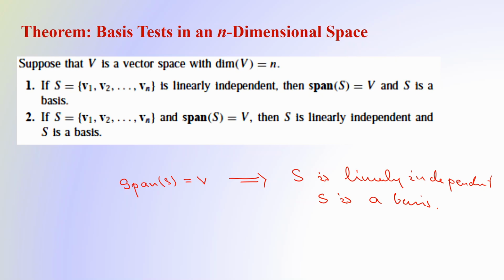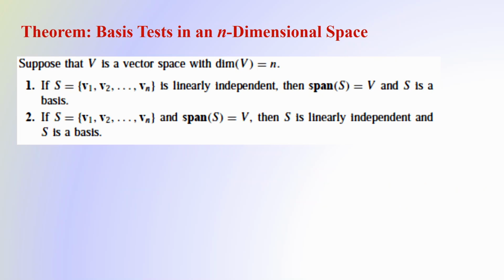And conversely, if a subset containing n elements spans V, then you can say that it is linearly independent and also a basis.